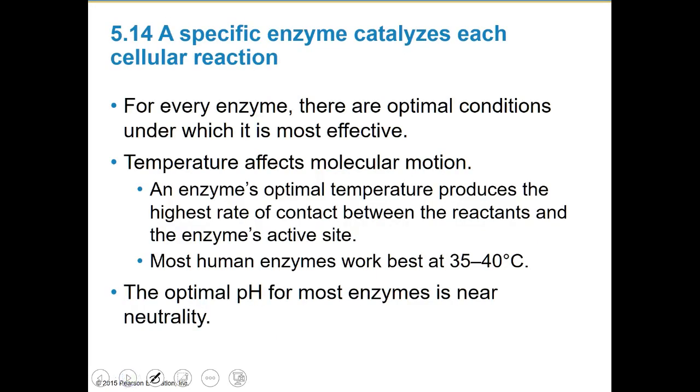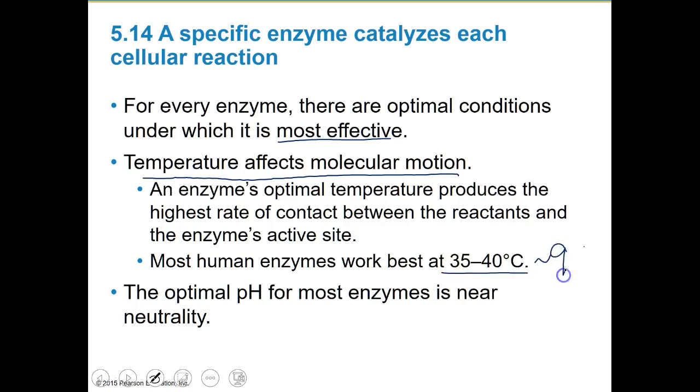For every enzyme, there are optimal conditions under which it's most effective, which we'll explore in our next labs. Temperature can affect molecular motion. An enzyme's optimal temperature produces the highest rate of contact between the reactants and the enzyme's active site. Most human enzymes work between 35 and 40 degrees Celsius.